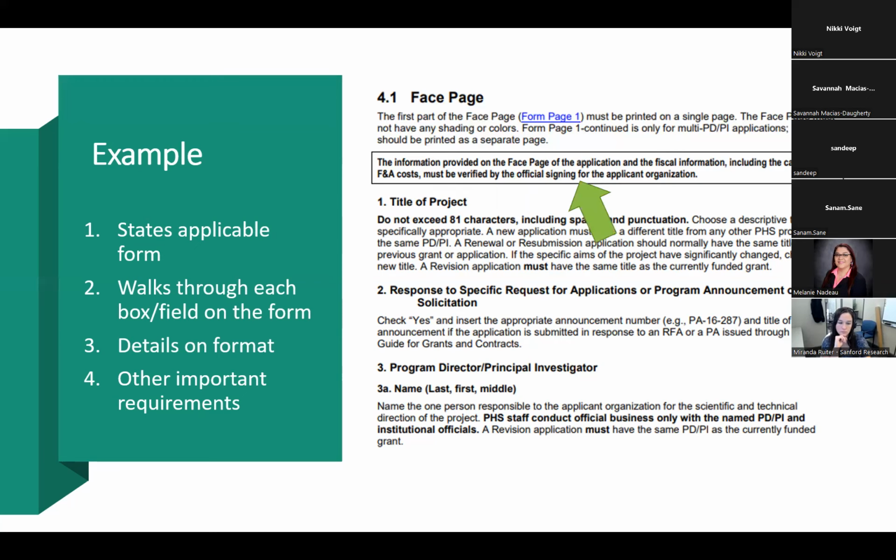And then it also includes other important requirements or information like this face page. Something that can easily be overlooked or skipped is that it needs to be signed by an official signing person designated from your applicant organization.